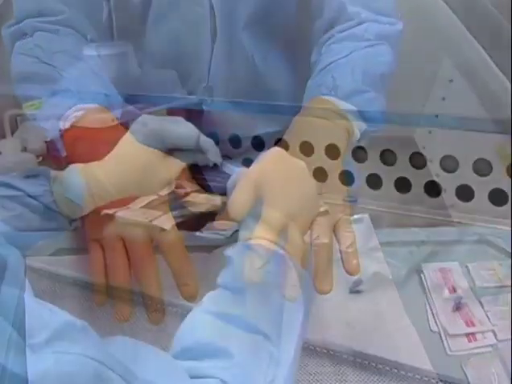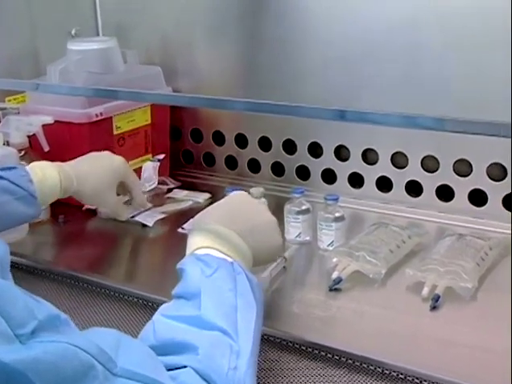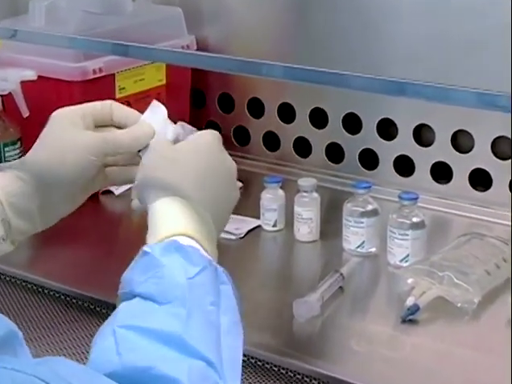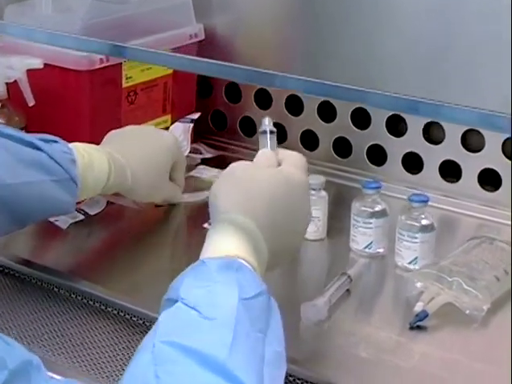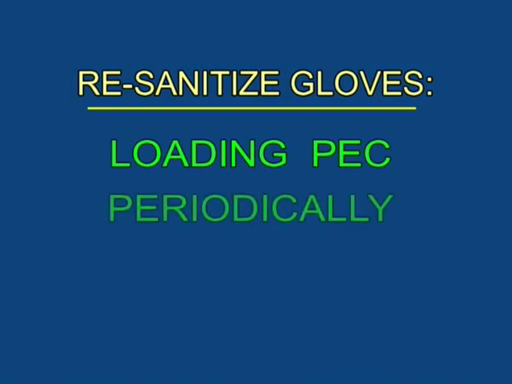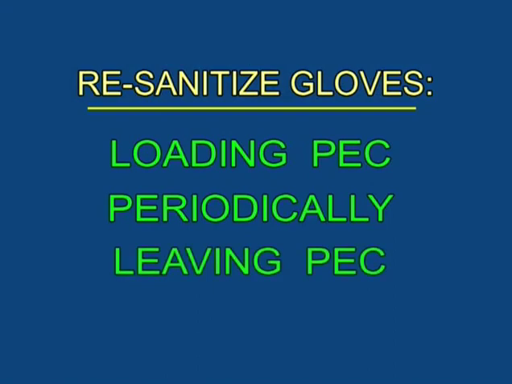Because the originally sterile gloves will not remain so following contact with vials, syringe wrappers, and other non-sterile compounding materials, frequent resanitizing of the gloves is recommended immediately after loading compounding materials into the PEC, periodically during compounding, and whenever the operator leaves the critical aseptic field for any reason.